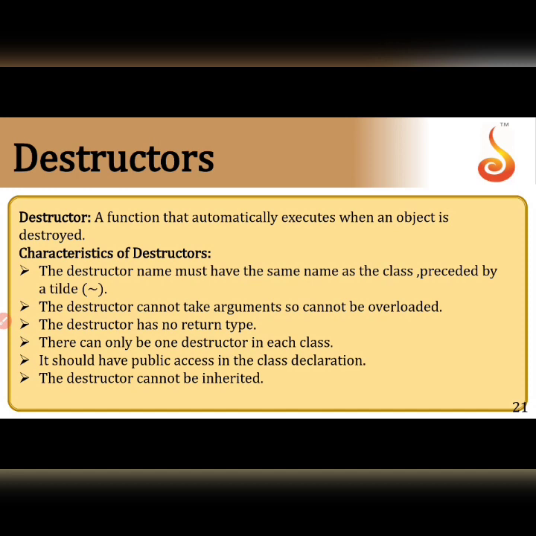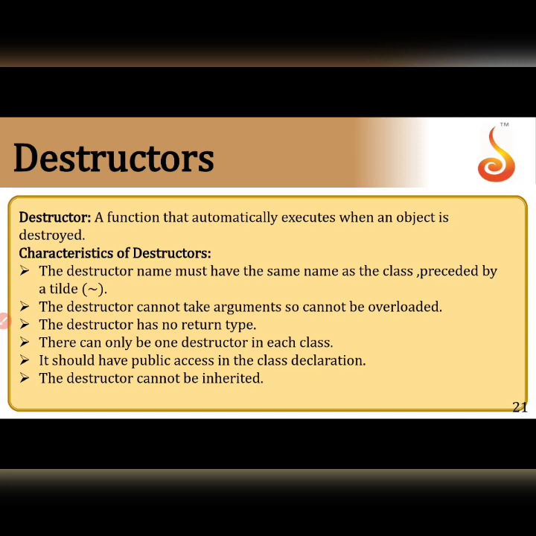So what does it do? It is used to deallocate memory that has been allocated for the object by the constructor. In other words, it frees memory back to the heap.